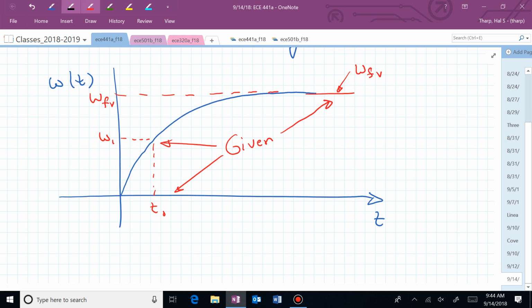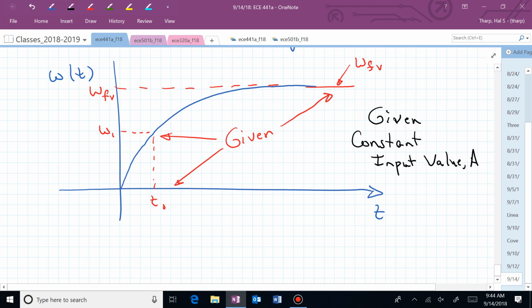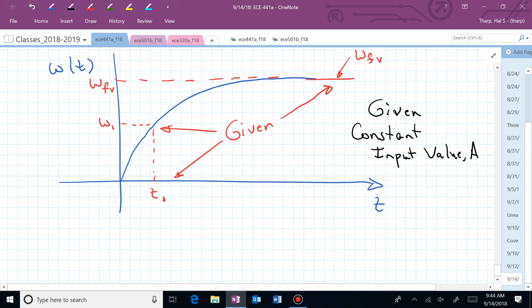And we're also assuming that they knew what they applied to the terminals of the DC motor. So we were given a constant input of A. So what I'm saying is we weren't given T sub S like we were before.